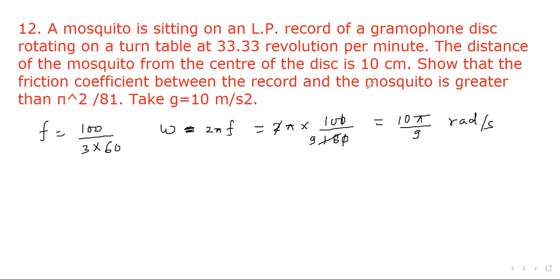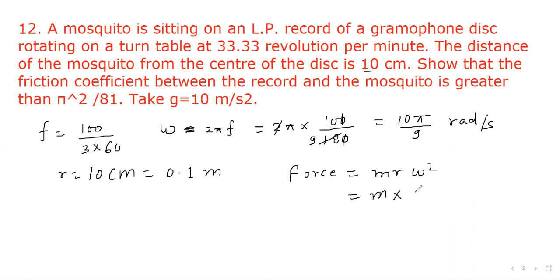Now radius is given as 10 centimeter, which is 0.1 meter. So force, centrifugal or centripetal both will be equal, and that will be given by m r omega square. We put the values. So here r is 0.1 into omega. Omega is 10 pi by 9 whole square.